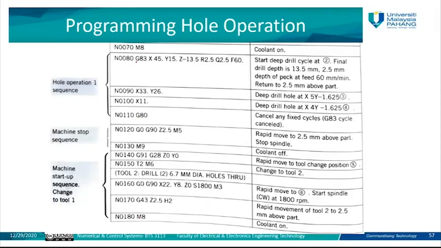At this point here, we start to use the drilling. Actually, for this one, coolant is on before. This is required for mechanical operation. When the drill is operating, you need to spray some liquid for coolant before starting to drill.